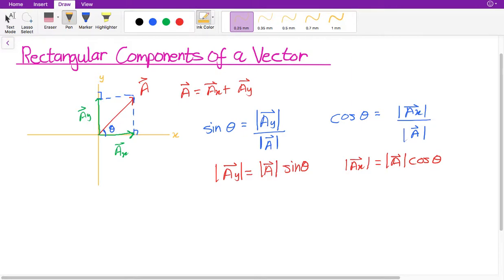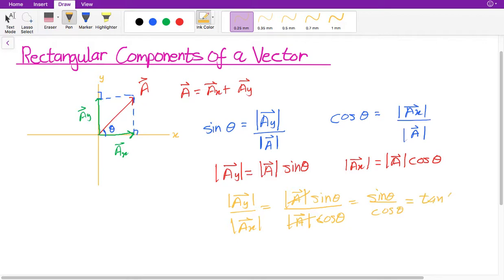So if we divide the two sides, A sub y over A sub x, or the magnitudes actually, we get the magnitude of A times sine theta over the magnitude of A times cos theta, and we cancel this out, so we get sine theta over cos theta, which is equal to tan theta.